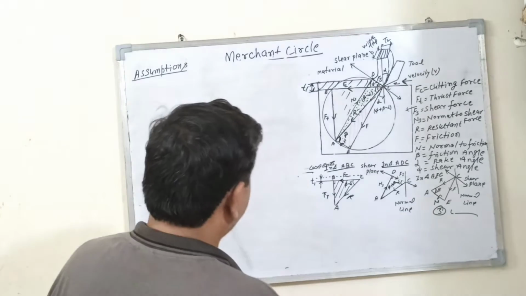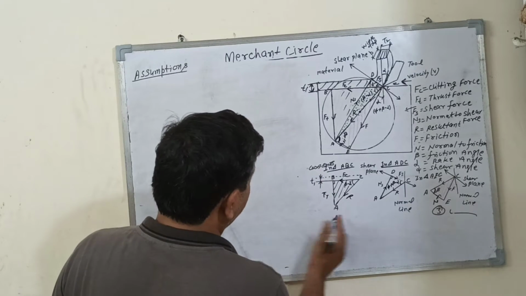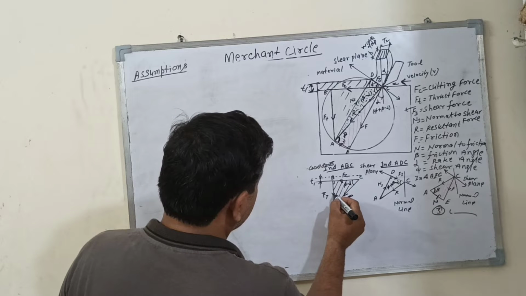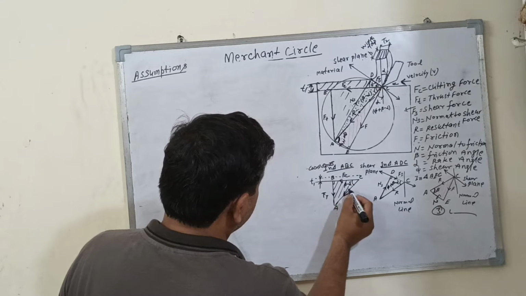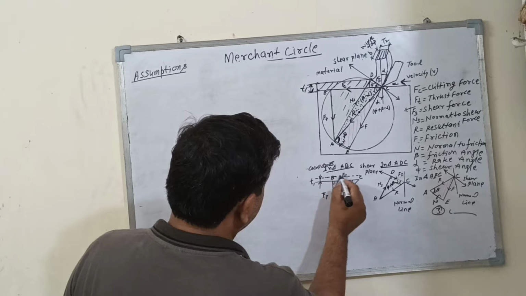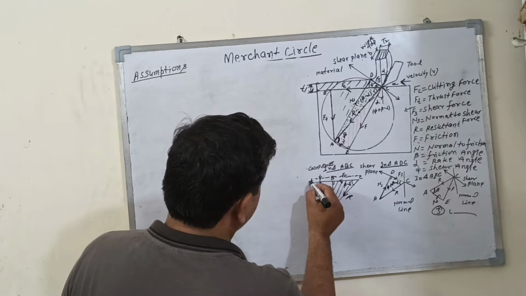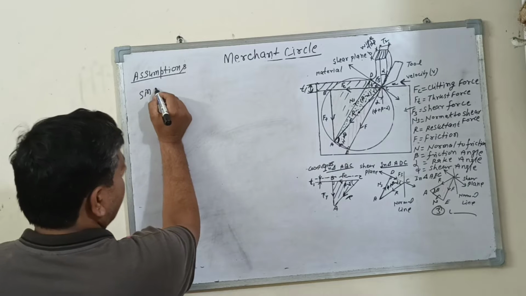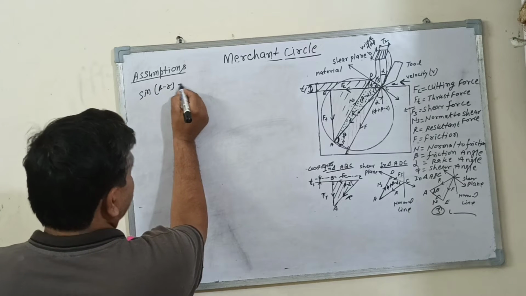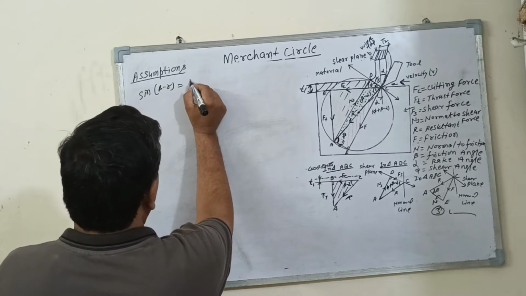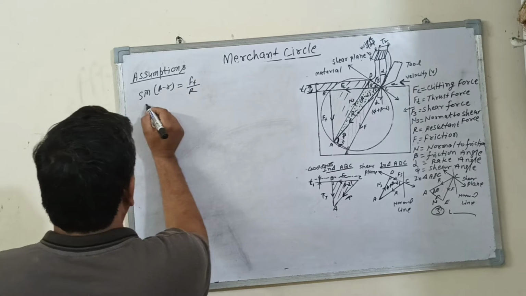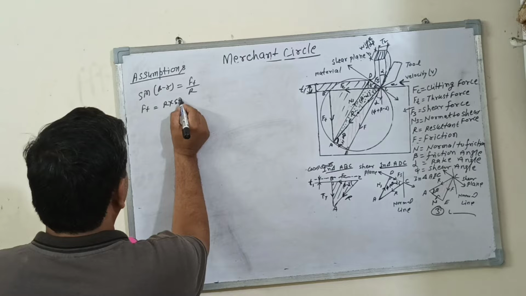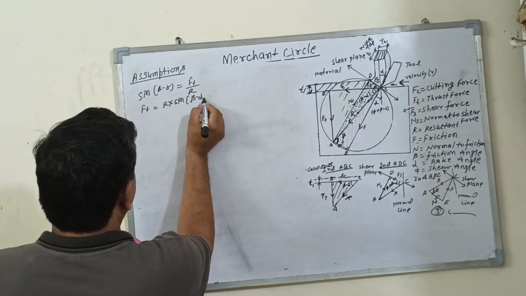From this figure, this is the cutting force, this is the thrust force, this is the resultant force, and this is the uncut material, T1. So sin(B minus alpha) is equal to Ft upon R. So Ft is equal to R sin(B minus alpha).